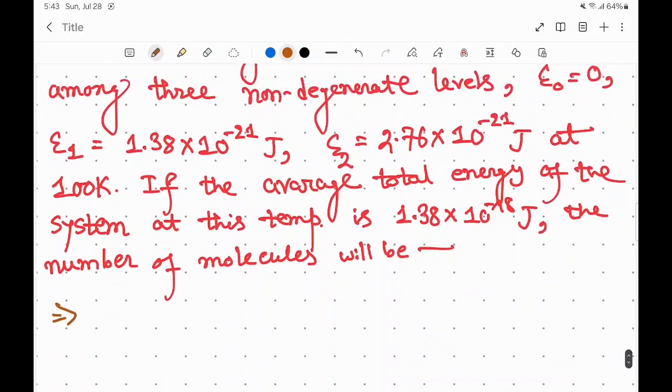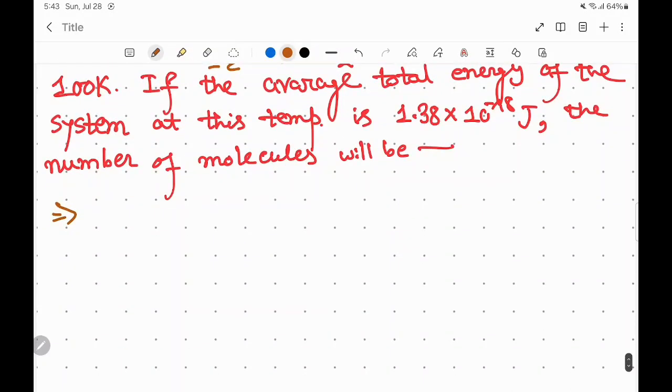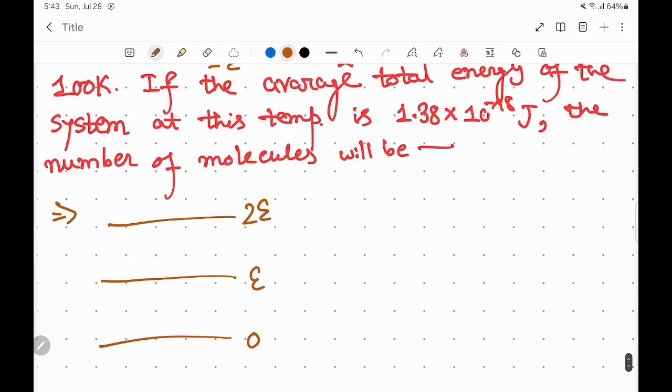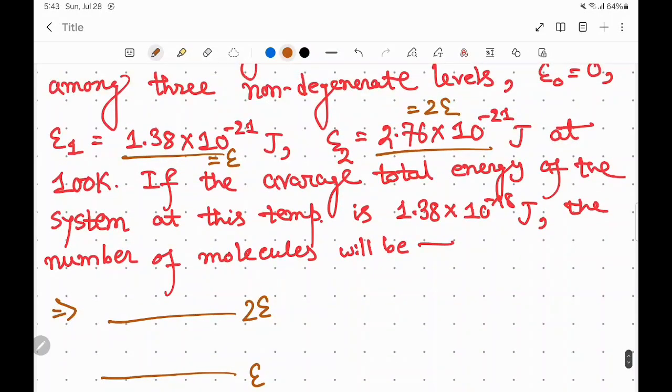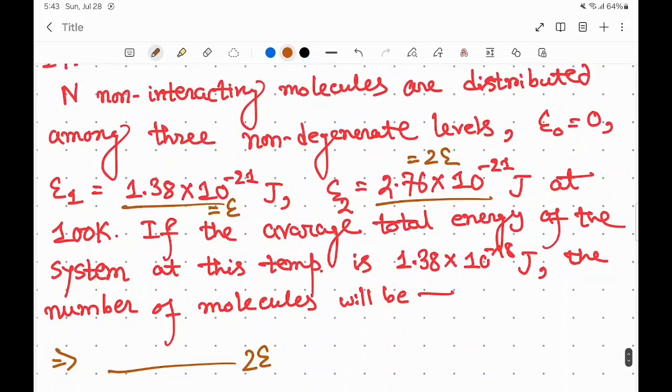Consider this as epsilon and this is 2 epsilon because it is just twice of this, right? So there are three energy levels: 0, epsilon, 2 epsilon, having this value of epsilon at 100K. If the average total energy of the system is given, then we have to find out the number of particles.